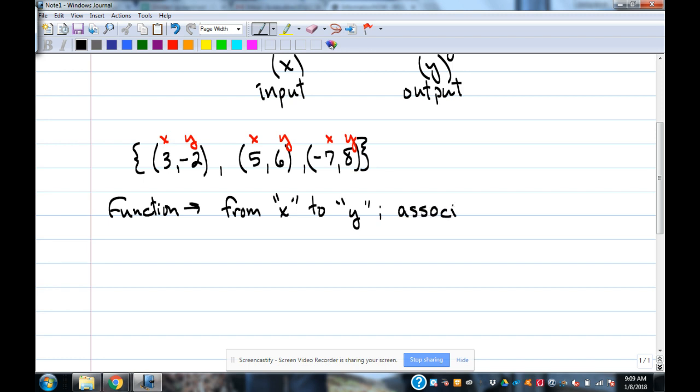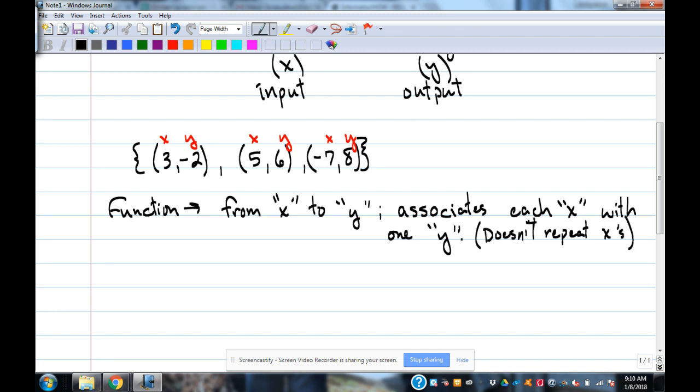It associates each X with one Y. Doesn't repeat X's. Okay. If you're a function, you don't repeat your X's.